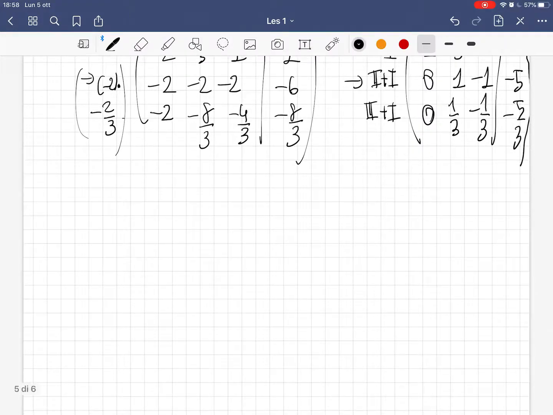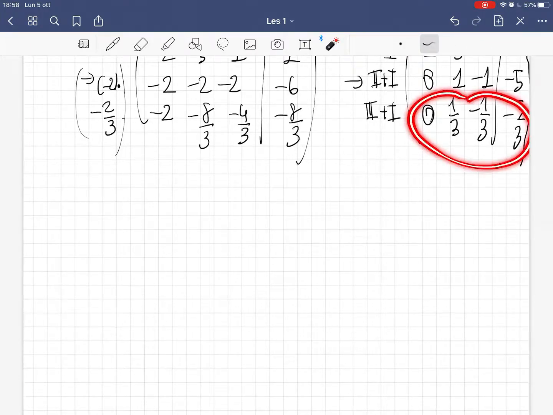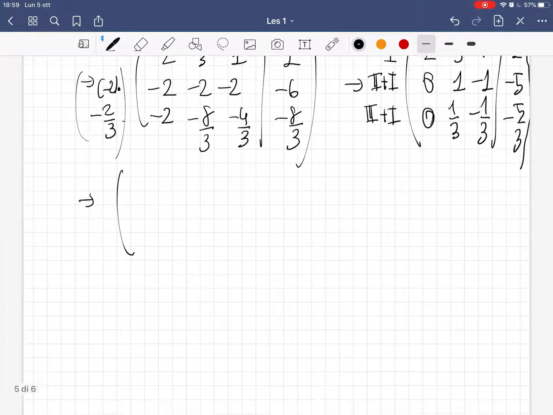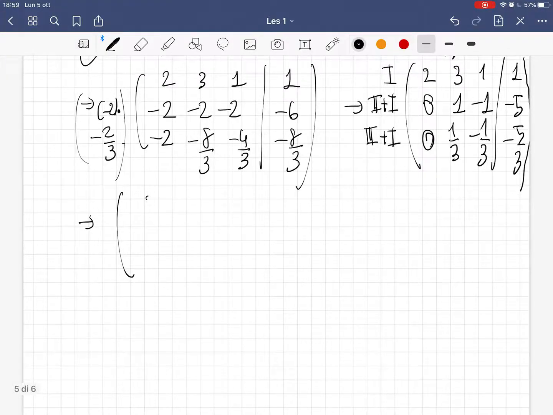Okay, now for the sake of not having fractions, just let me multiply this row by 3 again, and then what we get is this. So okay, 2, 3, 1, again 1. This is the same. As you see, at every step we are careful to do operations we are allowed to do.